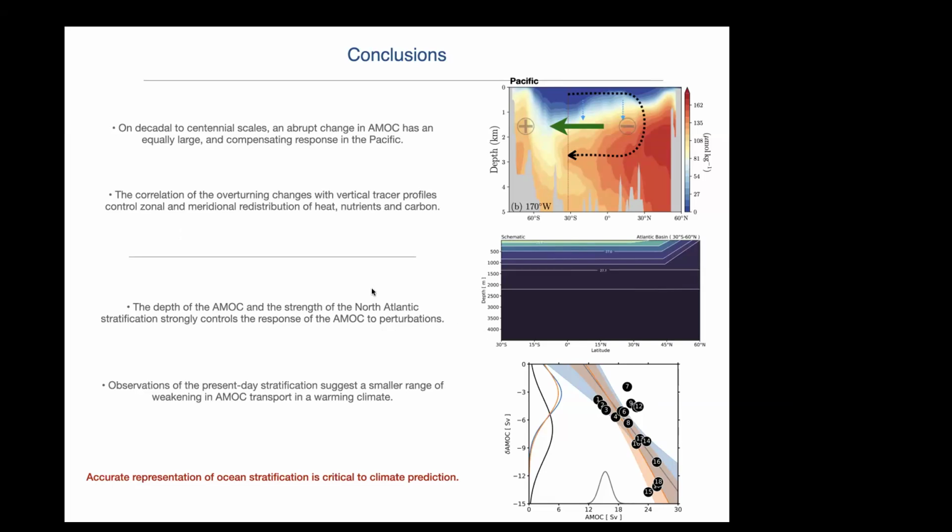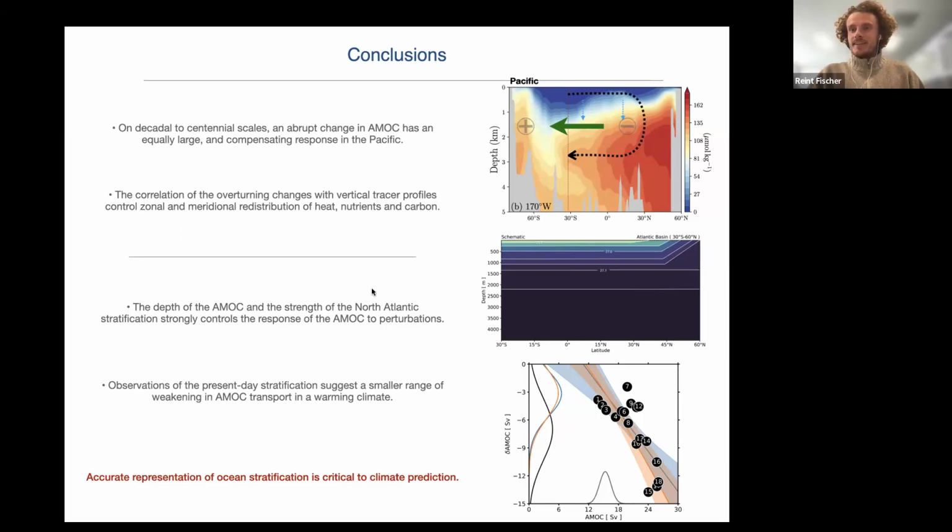Go ahead, Reed. Hi, thank you so much. That was a super interesting talk. I loved the 3D perspective of the Atlantic and the Pacific. I'm a graduate student looking at Arctic sea ice and sea surface height observations from altimetry specifically.